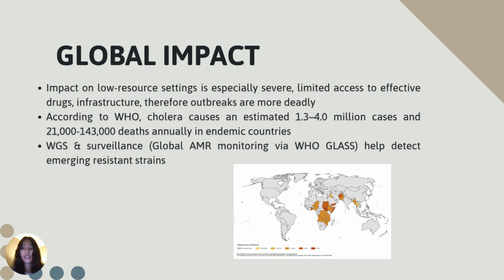Global surveillance systems, including whole genome sequencing through programs like WHO GLASS, help detect and monitor resistant strains. However, with climate change, population displacement, and worsening water insecurity, cholera poses a major public health threat. Here is an image of where cholera outbreaks are still persistent, which is shown to be more in southern Africa and parts of Asia.